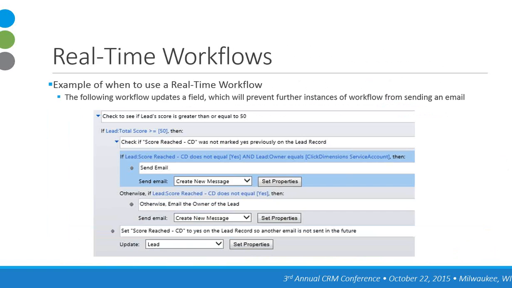And then at the end, if it does that, it'll mark that check mark as yes, so that the next time this is triggered as becoming greater than 50, it won't continually send an email.